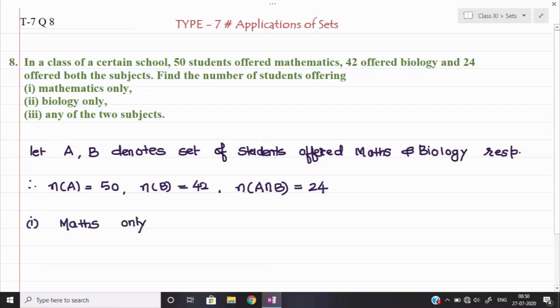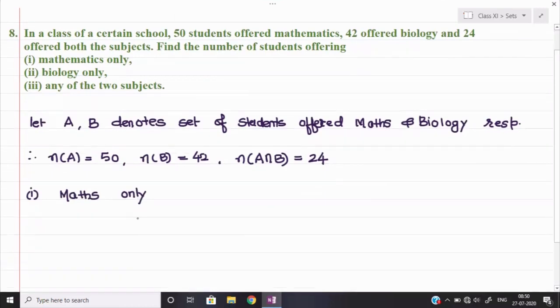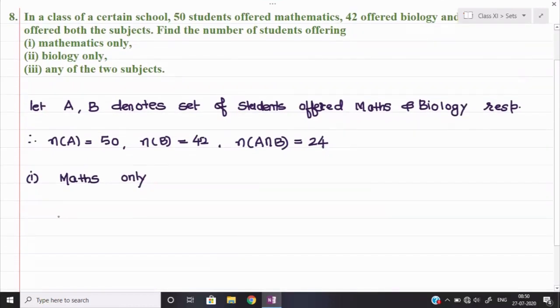Here clearly the word only is given, so it means that we have to find out the number of elements in only A. Now n of only A means n of A minus n of A intersection B. This formula we have covered in the previous question.